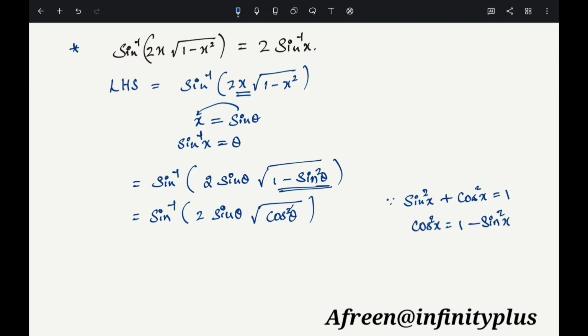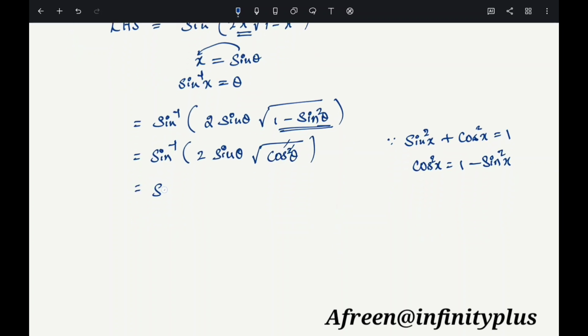Now the square and root will get cancelled. Now we will get sin inverse of 2 times sin theta into cos theta. You people know that the formula for 2 times sin theta into cos theta is sin 2 theta. So sin inverse of 2 sin theta cos theta becomes sin inverse of sin 2 theta.